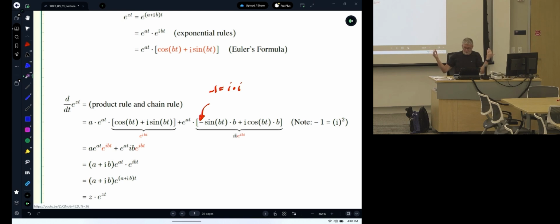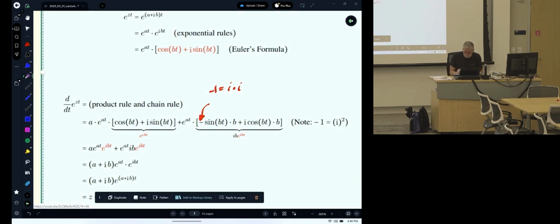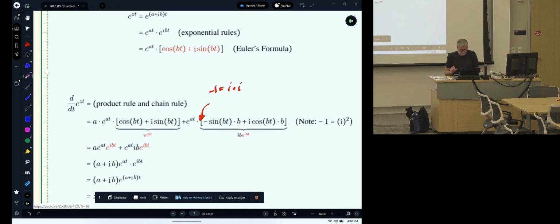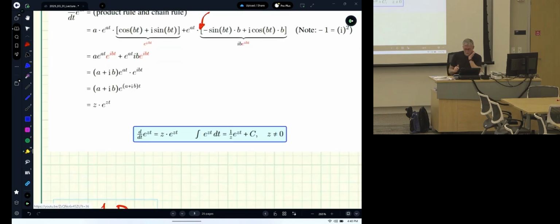So I'm just putting things back together after breaking it all apart so I can differentiate using results I know for real functions. Putting it all back together, that's algebra. And so I get a e to the at and a times, and I have ib times e to the at, etc. So I break those out.